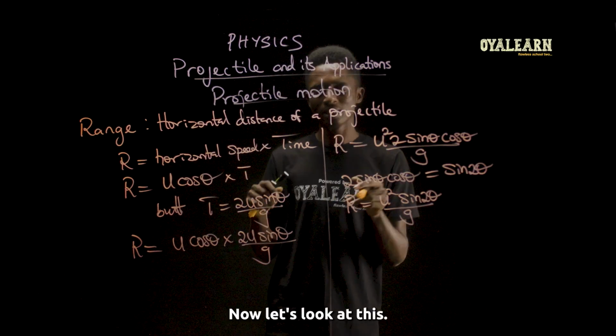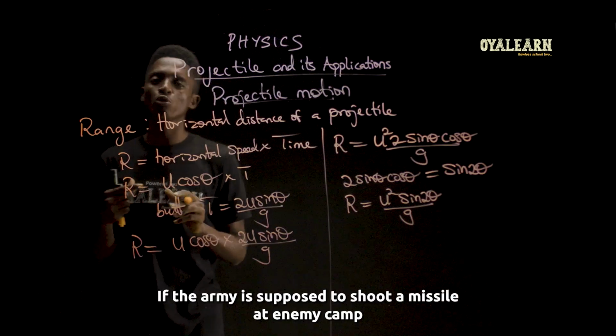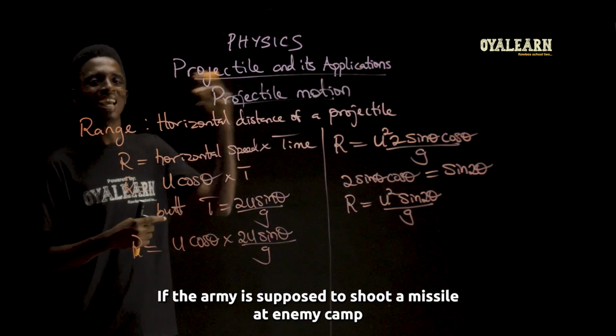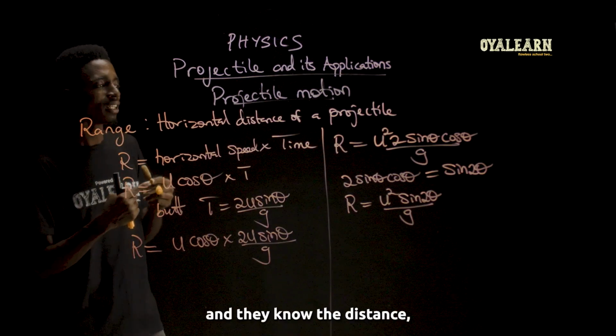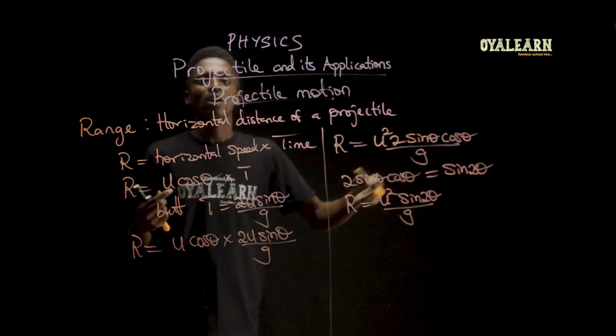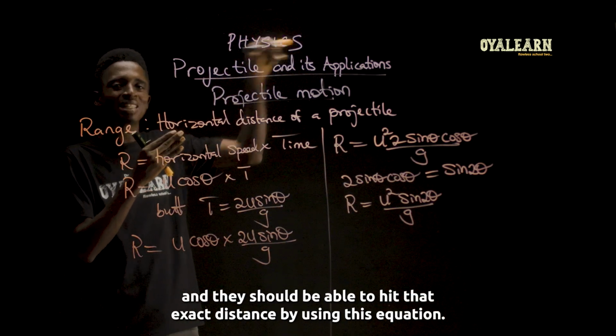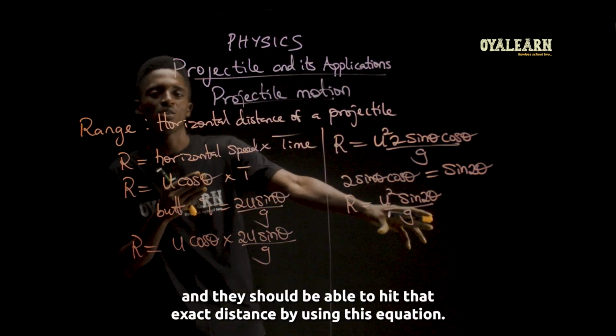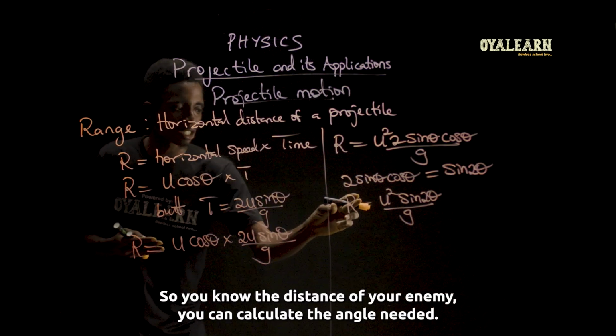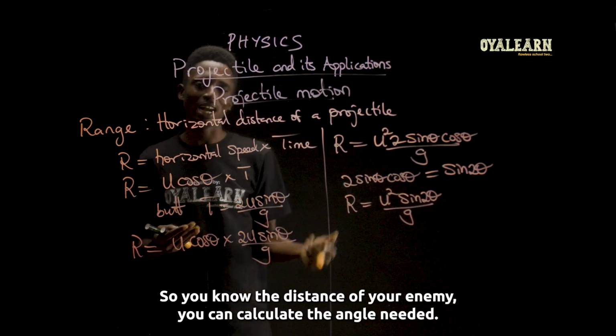Now, let's look at this. If the army is supposed to shoot a missile at an enemy camp and they know the distance, all they need to do is adjust the angle of projection and they should be able to hit that exact distance by using this equation. So, if you know the distance of your enemy, you can calculate the angle needed.